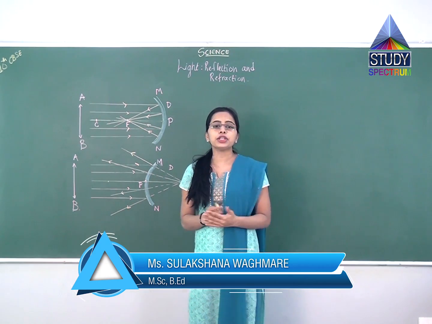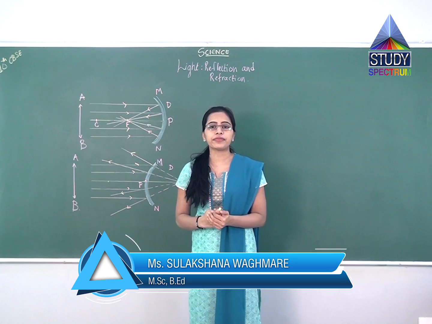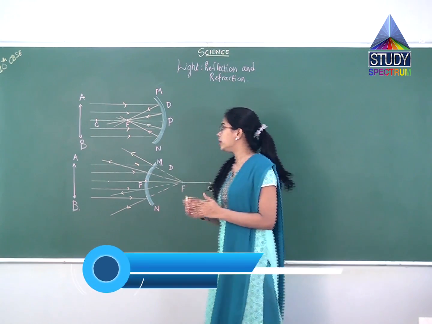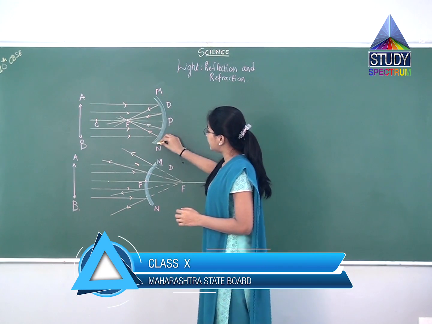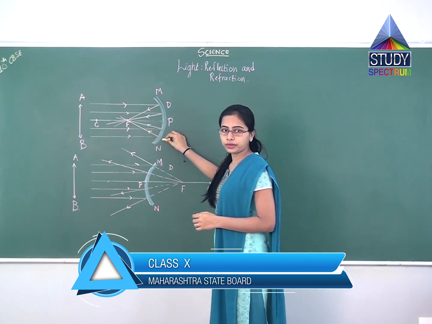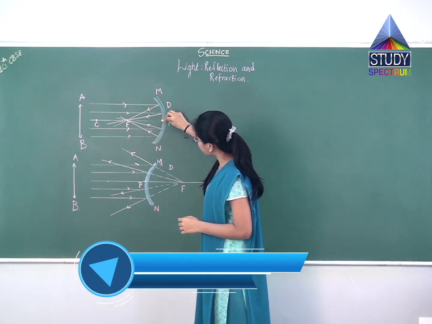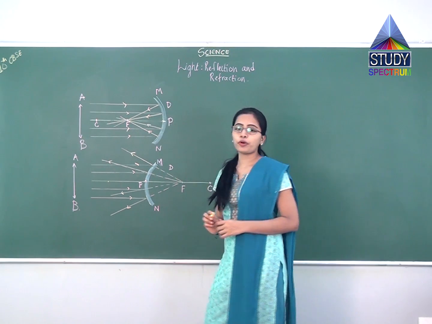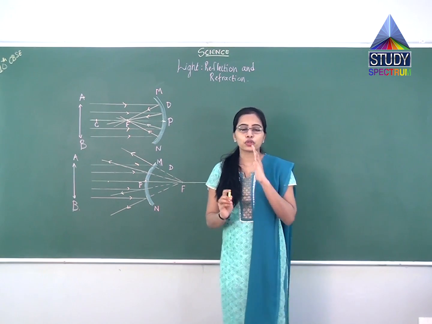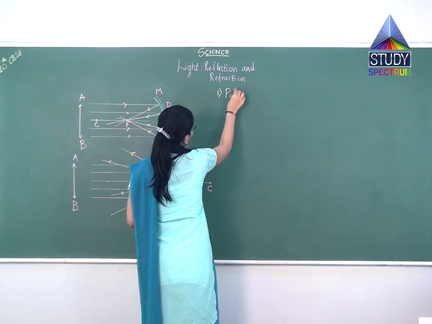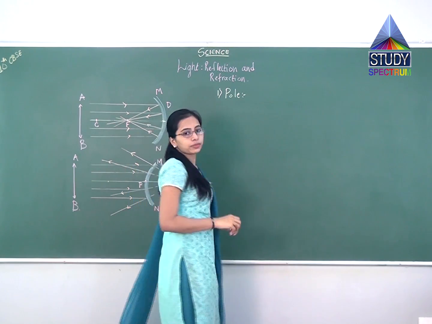Firstly, the center of the reflecting surface of the spherical mirror is a point called the pole. As you can see, this is my curved surface, that is the concave mirror here, and it has one central point and this point is known as the pole. So the first point on the mirror is the pole. We will write about it.